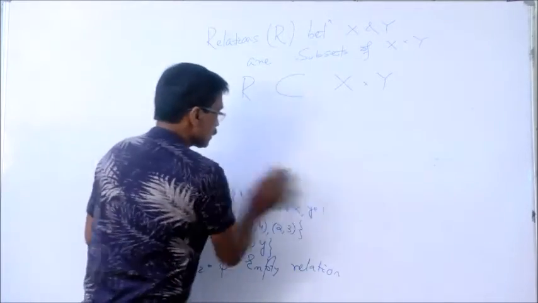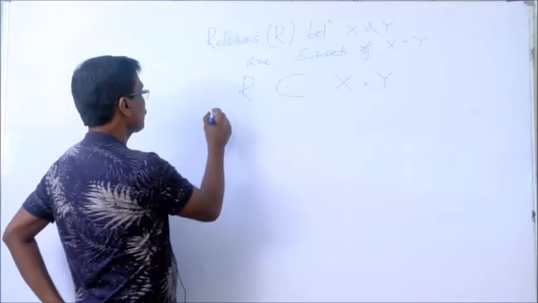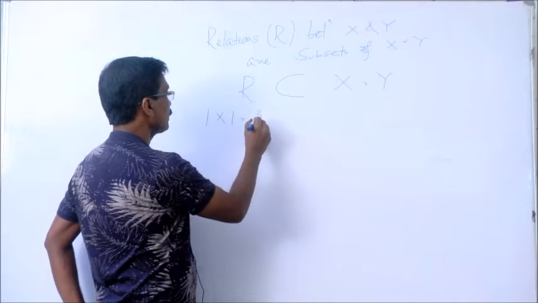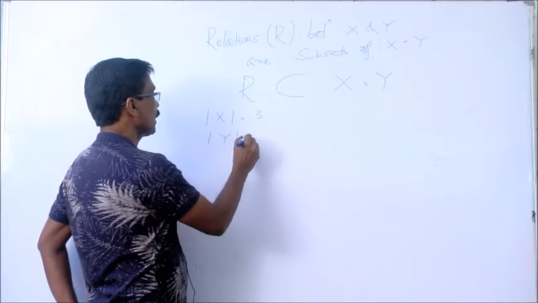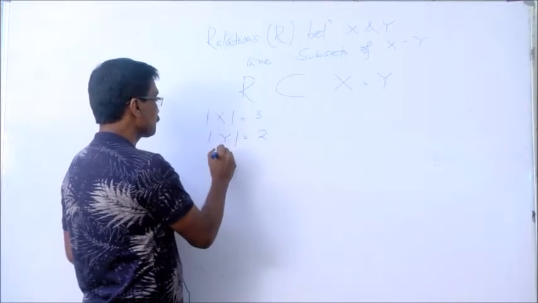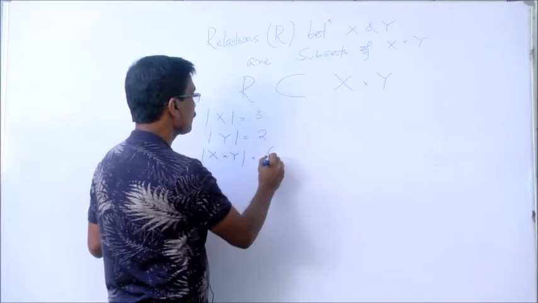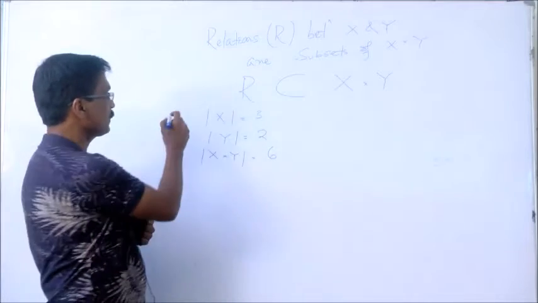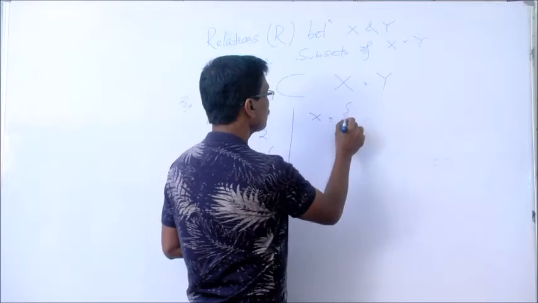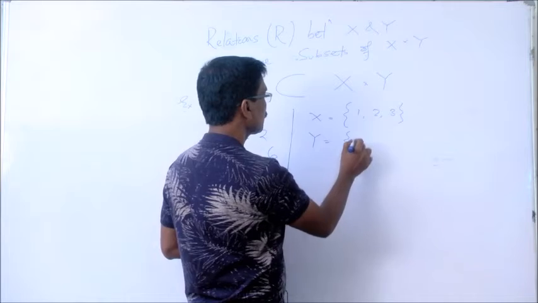Suppose we have an x set having 3 elements and a y set having 2 elements. Then x cross y has a total of 6 elements. We take an example: x set is {1, 2, 3} and y set is {3, 4}.